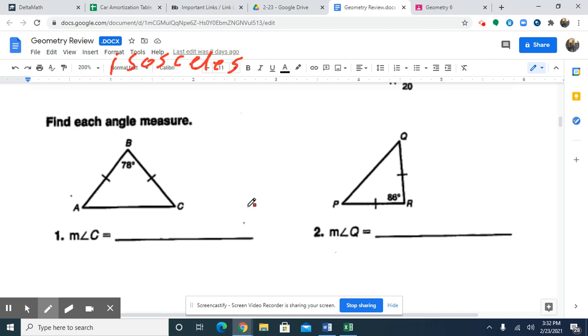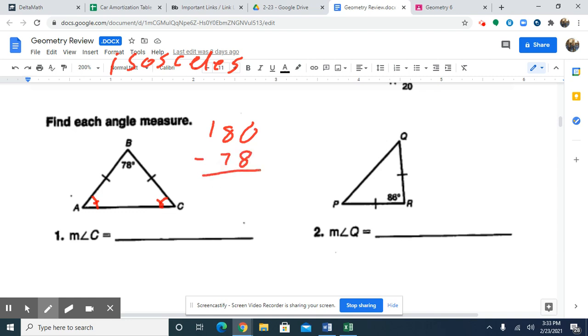Now let's try to find the angle measure depending on the triangle. It's asking us for the measure of angle C. Since this is an isosceles triangle, these two angles would be equal. We know that the angles inside of a triangle have to add up to 180.